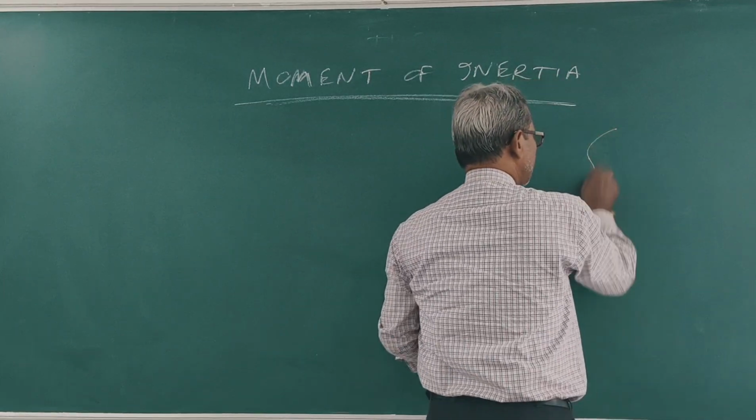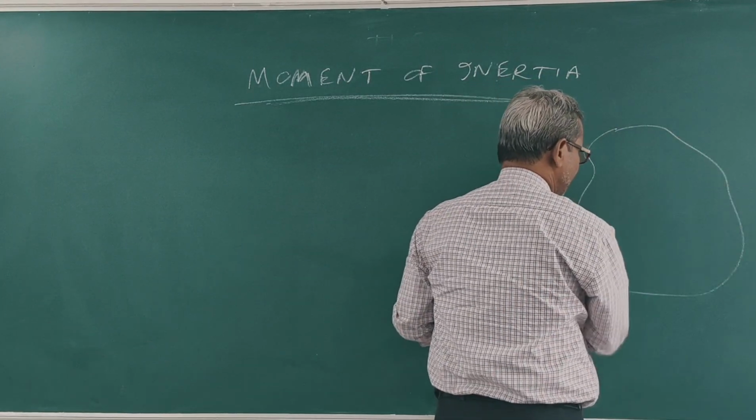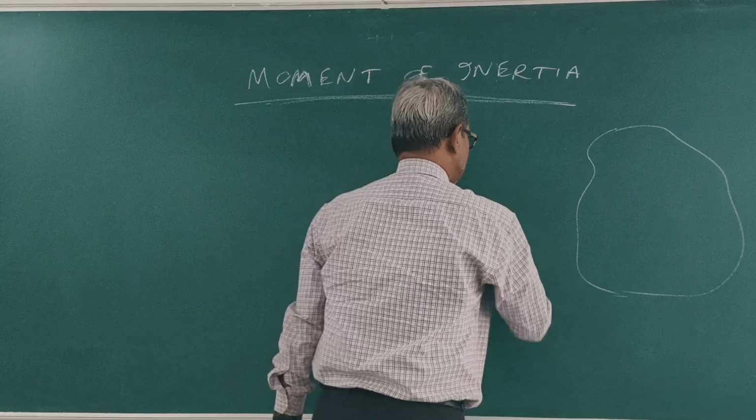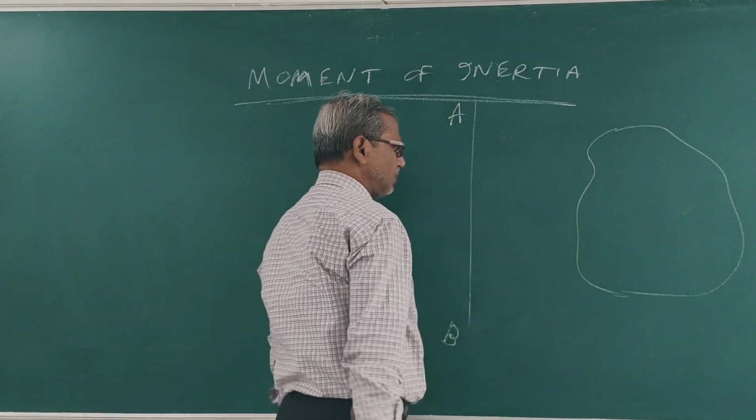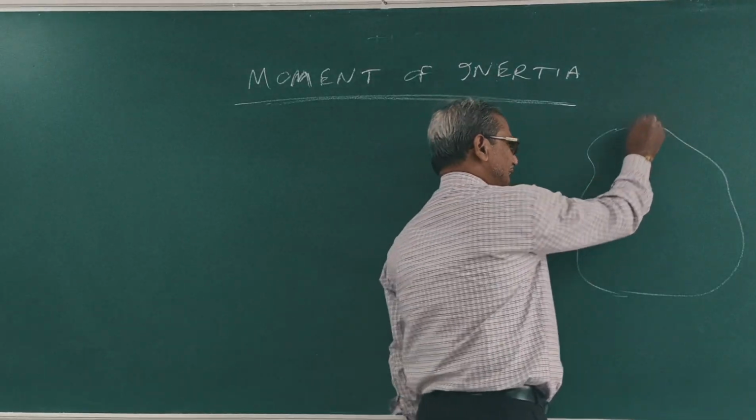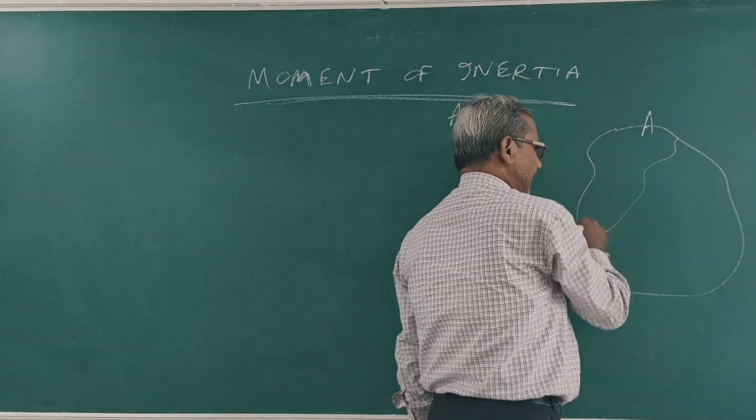Suppose this is an area, this is axis AB. Suppose this area is A. Divide this area into a number of parts.